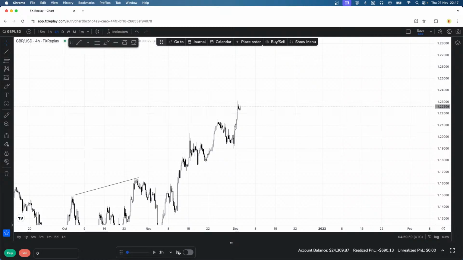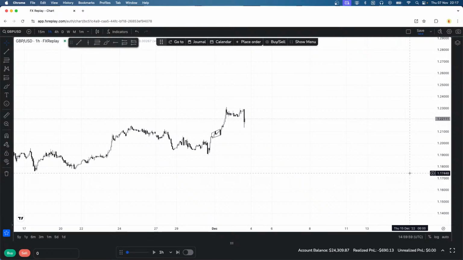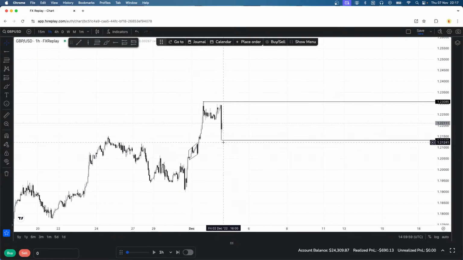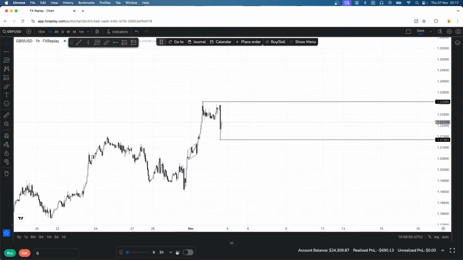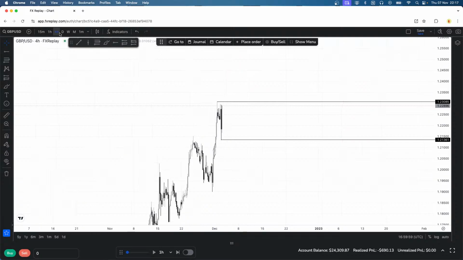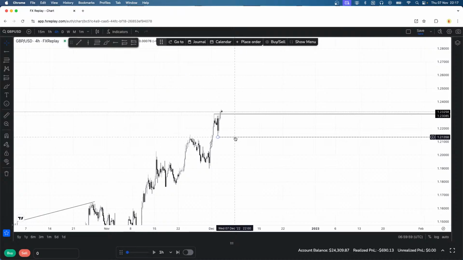So basically now I'm gonna have to wait for another clear pattern. Okay, so price is currently pulling back. Okay, I'm gonna go to the London session.